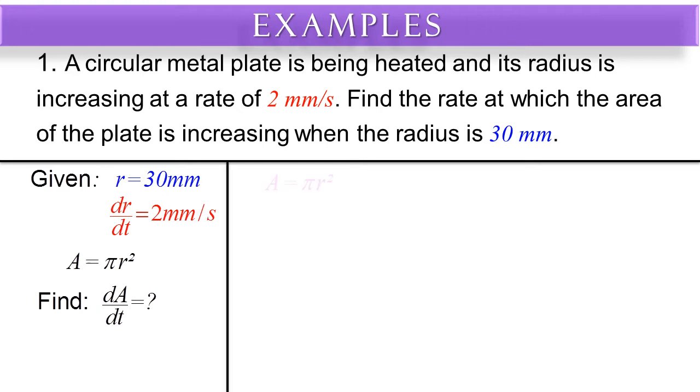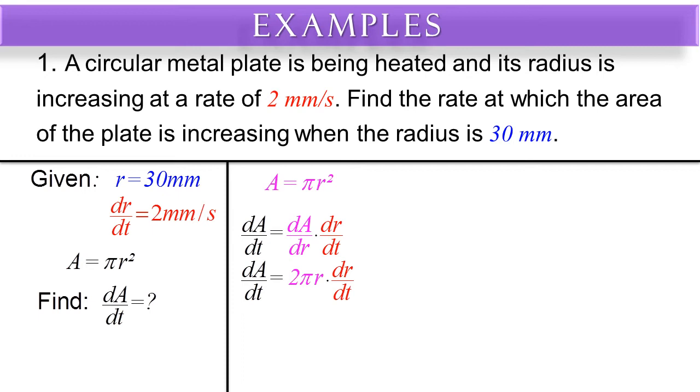Now, we form a chain rule for the required rate in terms of the variables. So we have dA/dt equals dA/dr times dr/dt. Now we have to recall a certain formula from geometry. We are talking about the area of the plate, or the area of the circle, and we know that the plate is a circle.